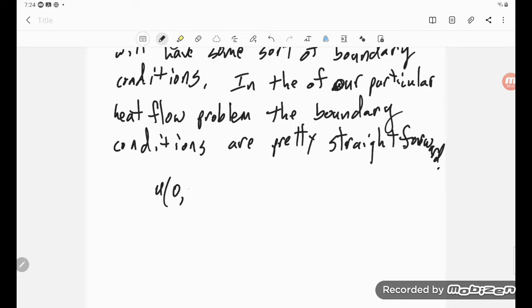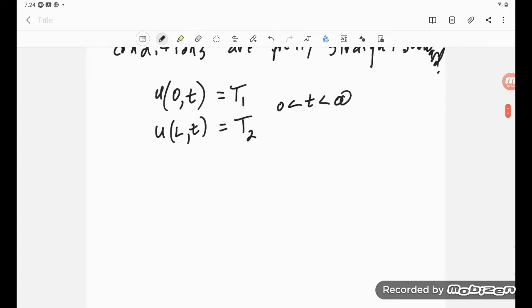Okay, 0, T. So for all time, this is a constant temperature of T1. And at the other end, for all time, it was a constant temperature of T2. And so to do all time, we just put in here T is greater than 0, but less than infinity.